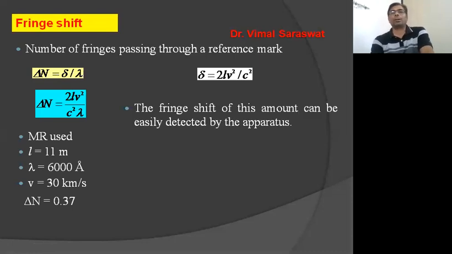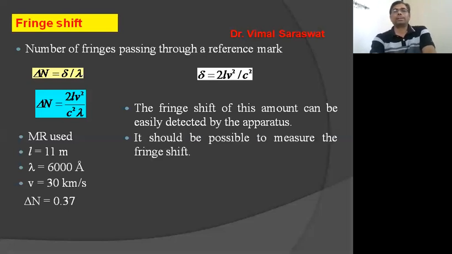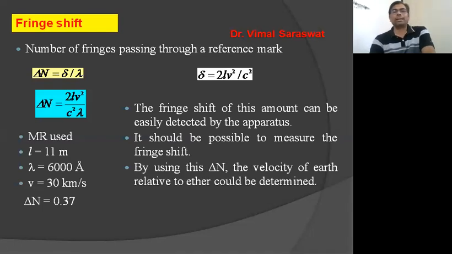The fringe shift of this amount can be easily detected by the apparatus. It should be possible to measure the fringe shift. By using this Δn, we can find the velocity of Earth relative to ether.